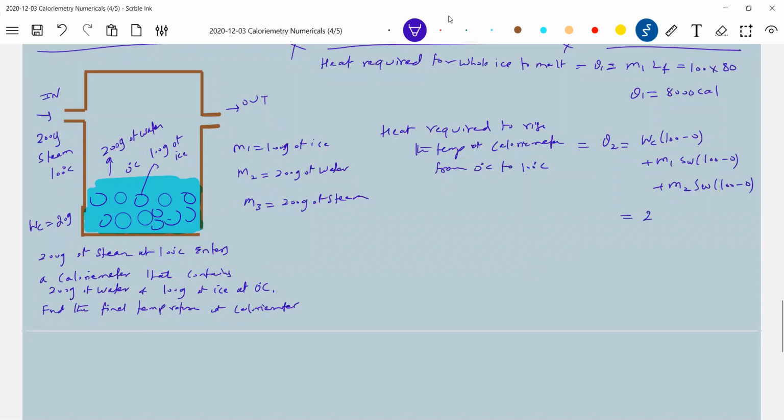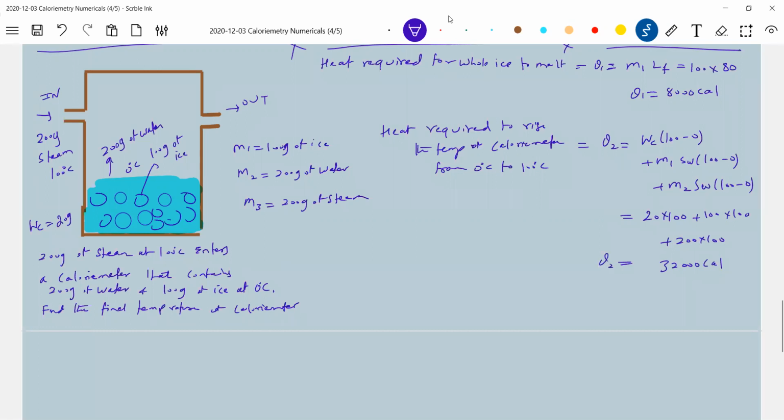So water equivalent 20 into 100, m1 100 into 100, 200 into 100, 32,000. Okay, this much in total.